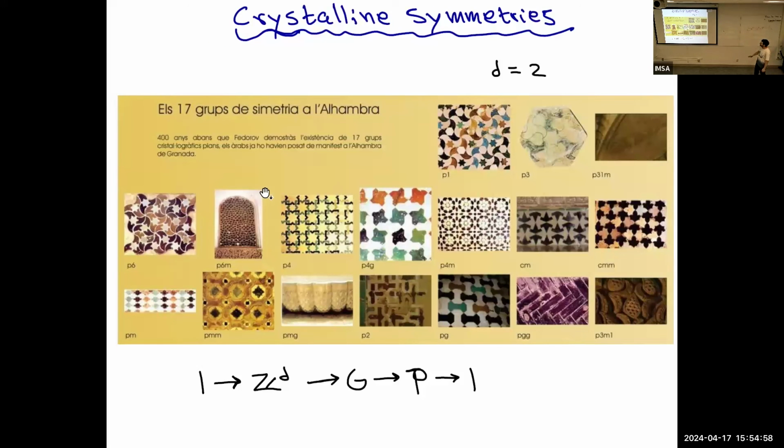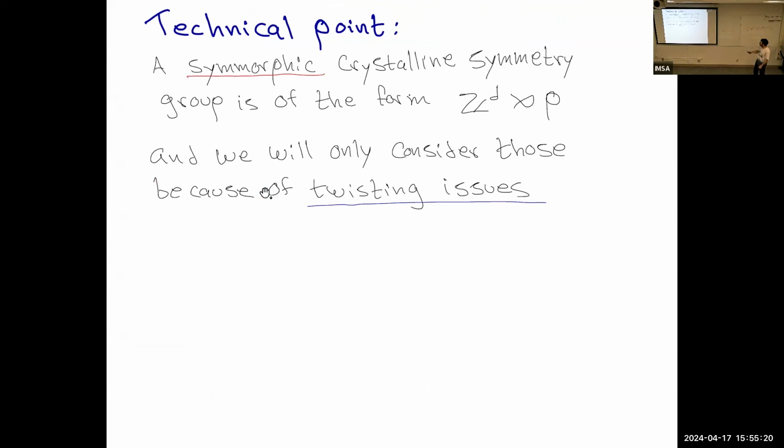So what about adding crystalline symmetries? Mathematically, this is for two-dimensional what are called wallpaper groups, and they were already discovered in the Alhambra. Let us not worry about the details. The important point is that there's a group P, and this P group acts on the torus, right?